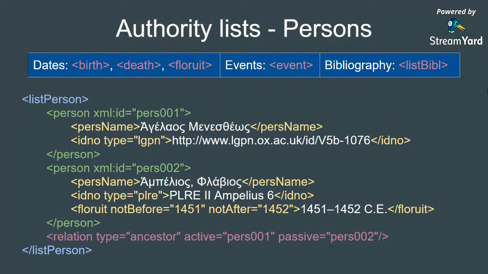And we see here, for example, that in the second person, we have the floruit, with the attributes not before, not after. And also we can add a relation. In this case, for example, we created a relation between pers1 and pers2, and you can see it on the screen.